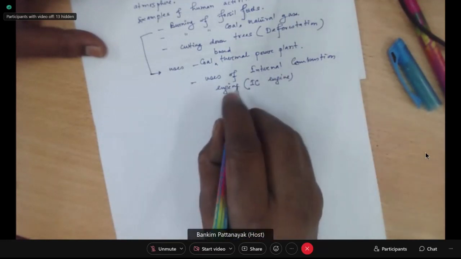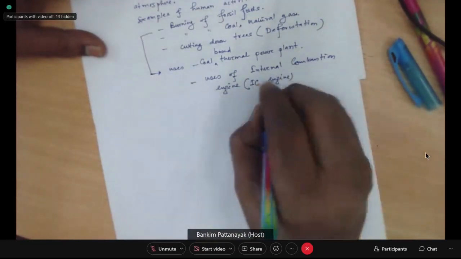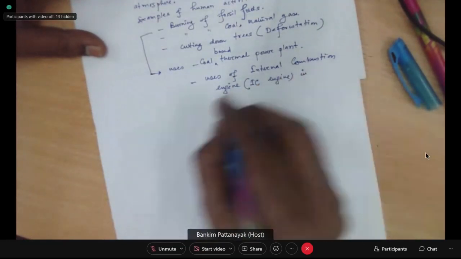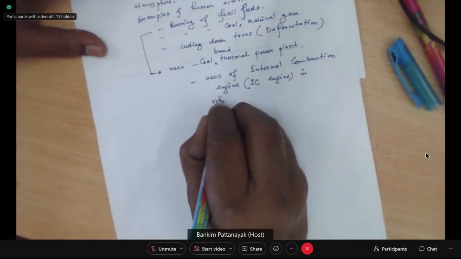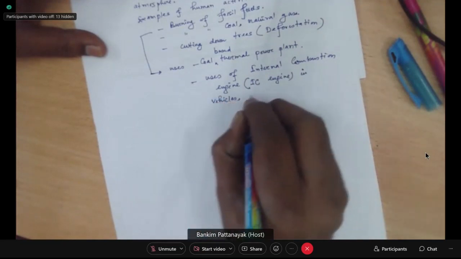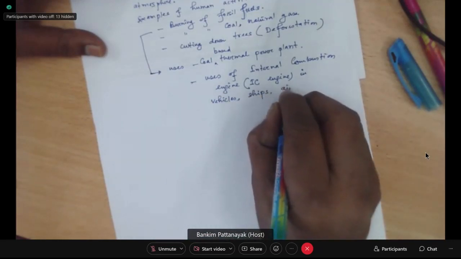These IC engines, once again, the use of internal combustion engines in vehicles, ships, aircrafts.